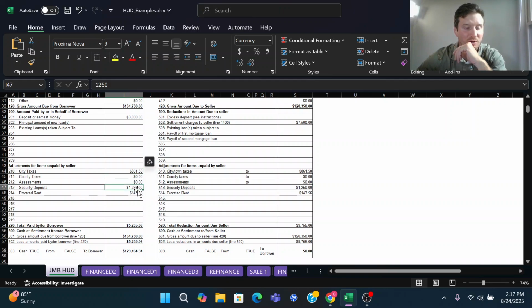Then we've got the security deposits. If the original seller has some tenants in his property, he's going to take the money out of his trust, because you put the security deposit in a trust. He takes the money out of that trust and throws it towards you, and you get the rest of whatever he pulled out.